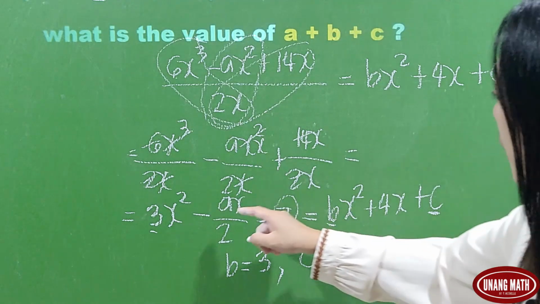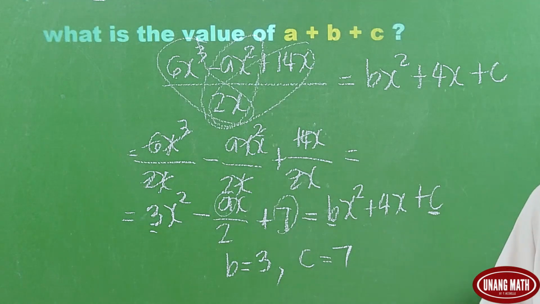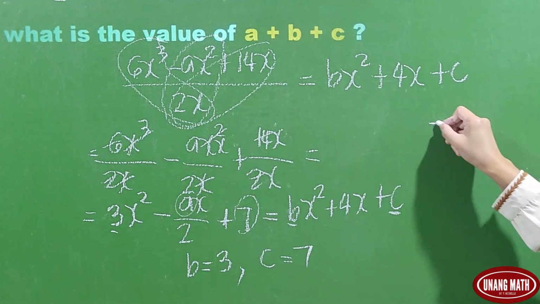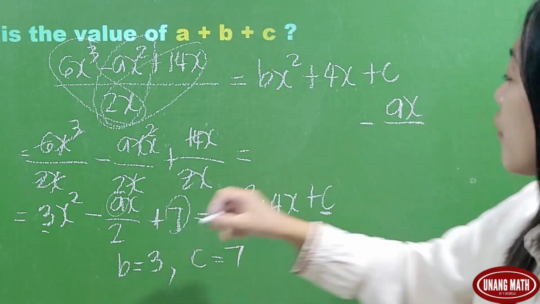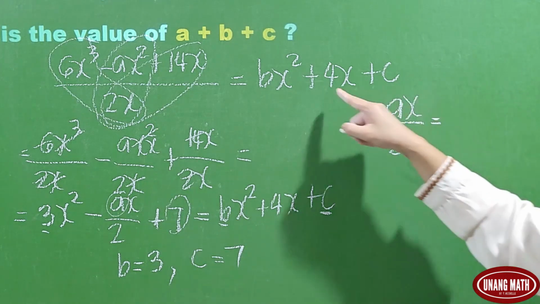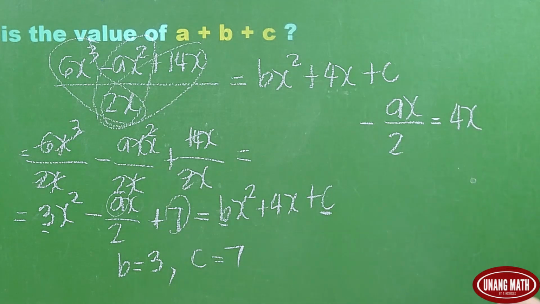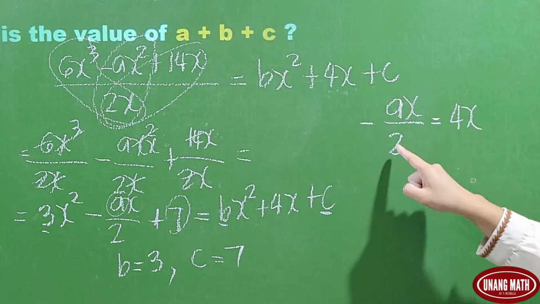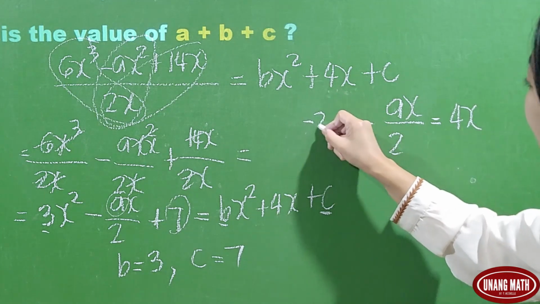Okay, the only thing that we need to find this time is what's the value of a. Okay, so we have here negative ax over 2. This is equal to 4x. Okay, to find the value of a, we have to multiply each side by negative 2.